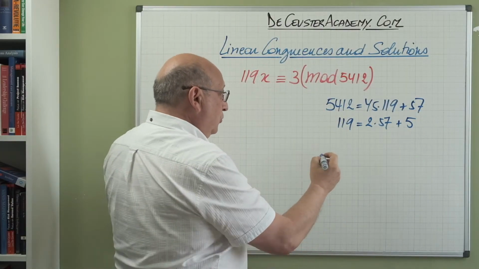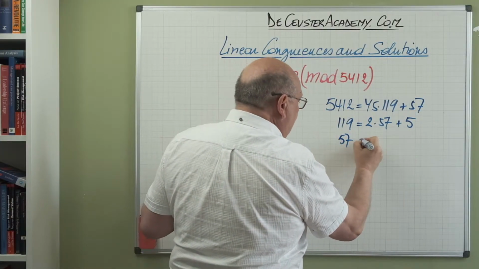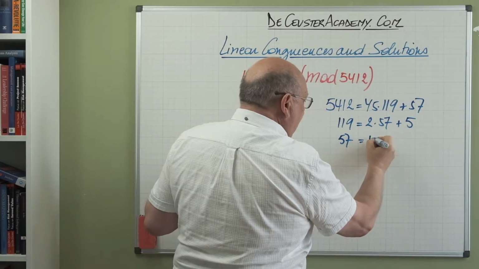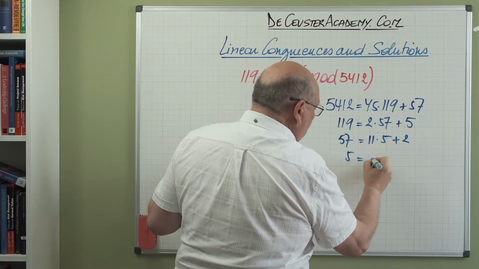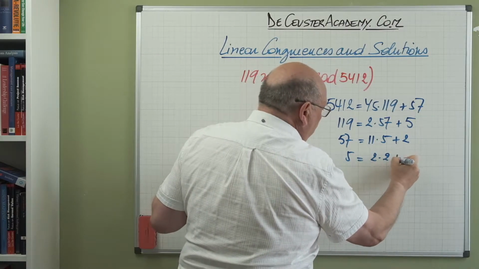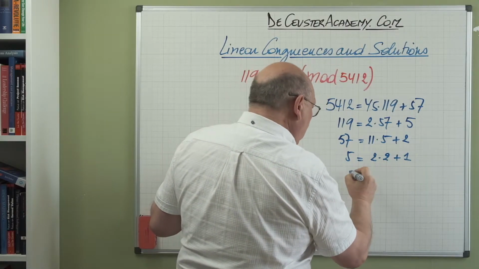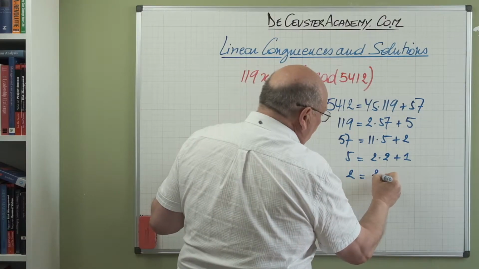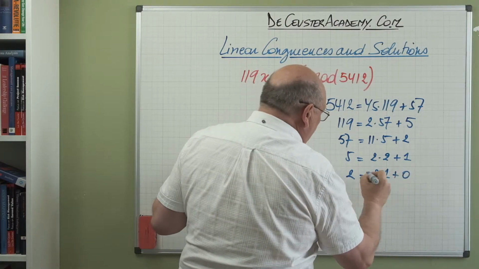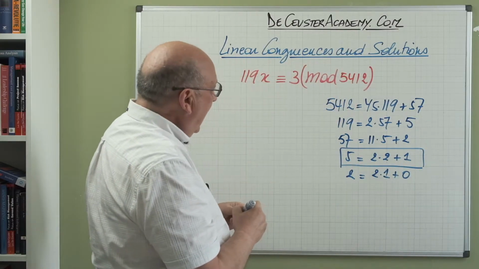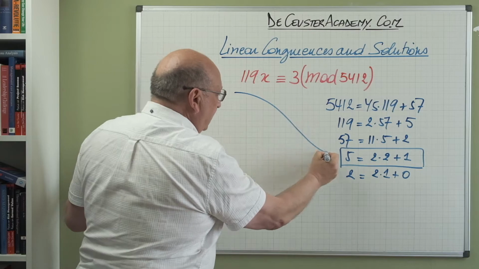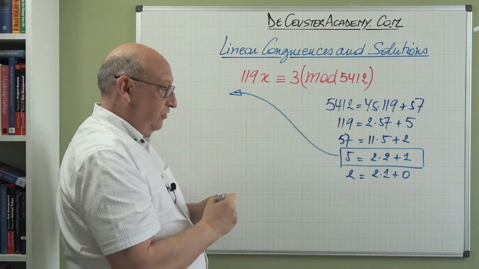And we continue. Now we have 57 is 11 times 5 plus 2. 5 is 2 times 2 plus 1. And finally we find 2 is 2 times 1 plus 0. So we find the GCD here. And from this we will start the backward path.